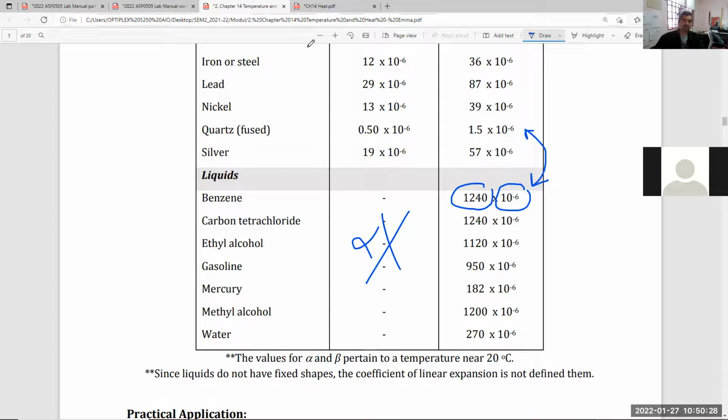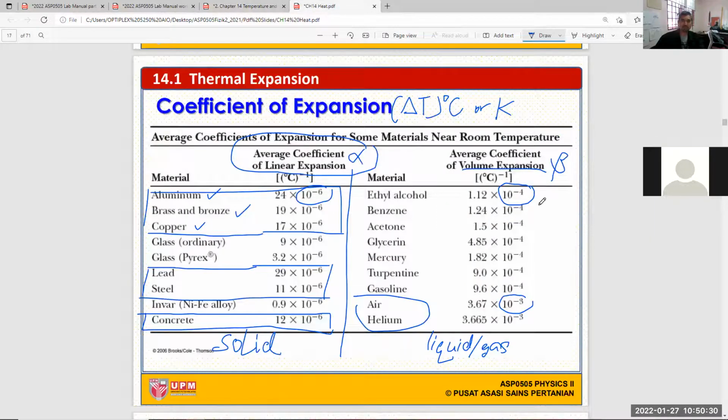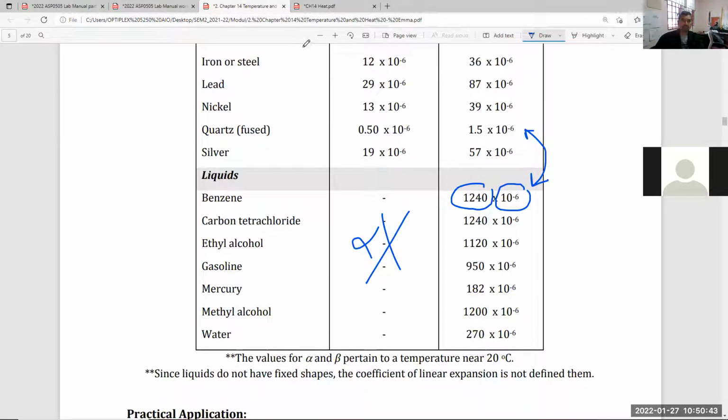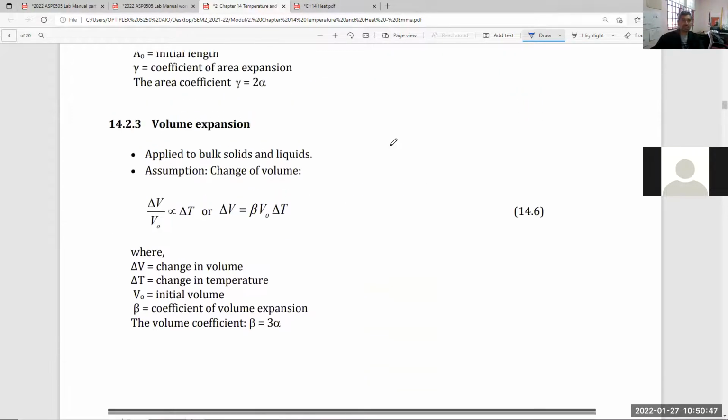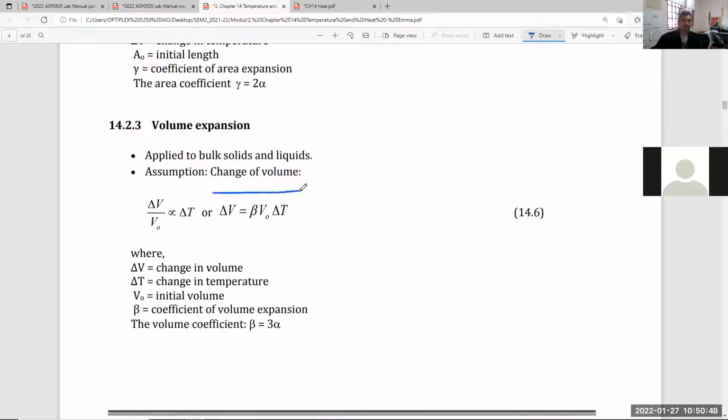You may think of this -4, but actually we can change it to -6, so that this number will become bigger. Anyway, it's larger than the linear expansion. From your notes, we have all your analysis on what we call volume expansion.